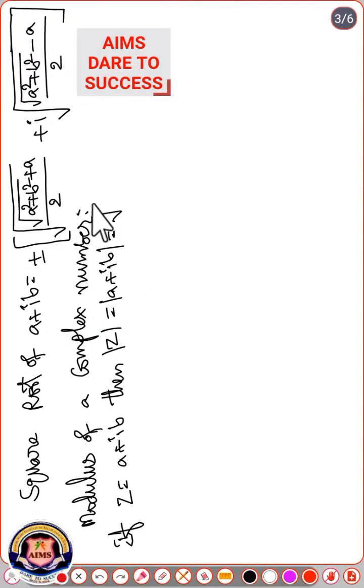Mod a plus ib is under root a square plus b square. The same part we used here. Okay, that is related to the modulus of a complex number.